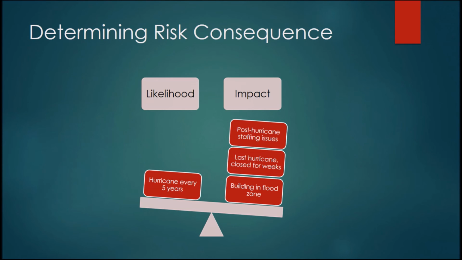Because it's located in a flood zone, hospital staff are not able to return to work, therefore delaying the opening of the hospital. Based on the analysis of likelihood and impact, the hospital determines that the risk to the business is significant. The risk of the business being affected by a hurricane is significant, and this information should be used in the planning for future hurricanes and how the hospital will respond.